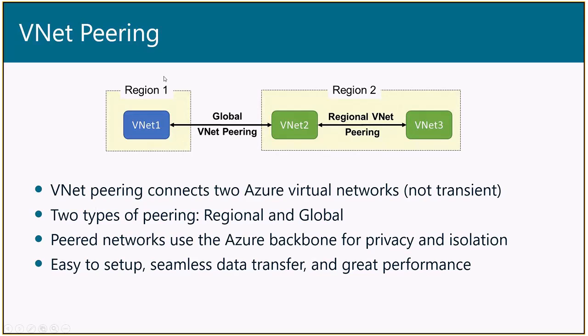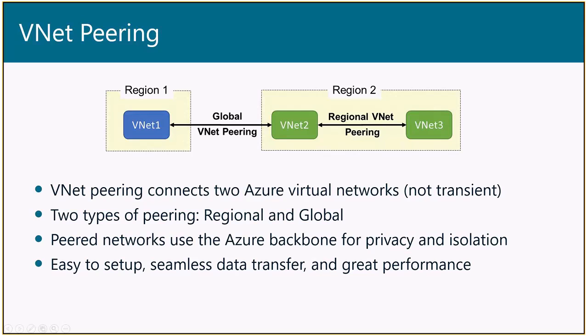Here, region 2 is South Central US and region 1 is East US. If you're peering from region 2 into region 1, that is global VNet peering, and that's what we did. From VNet 2, it has a forwarding to VNet 3. That's what we created.